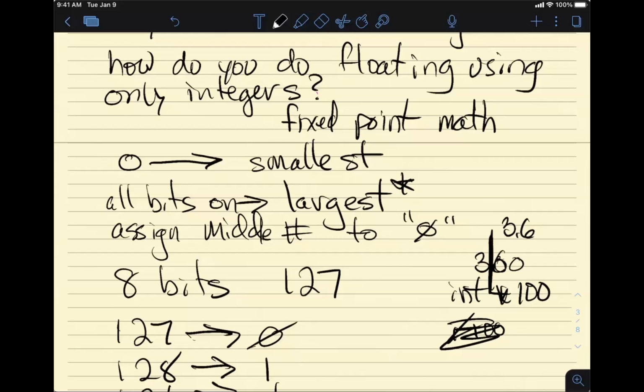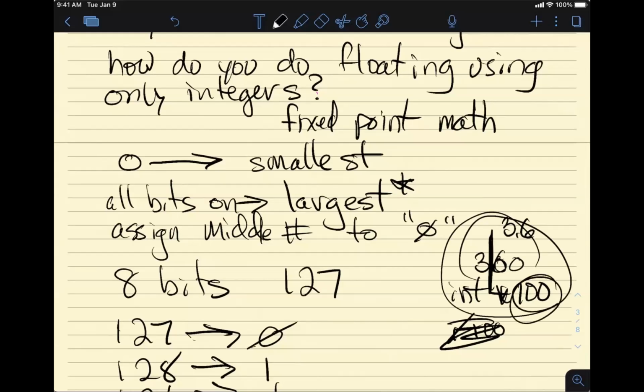When I started, we literally didn't have floating point. So this is how I would store values to represent fractions. And the fixed point in this case is the hundreds place.